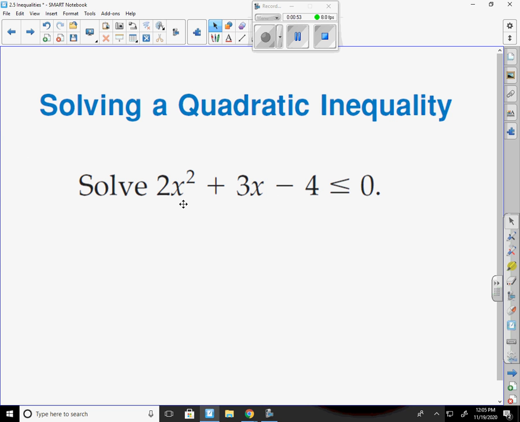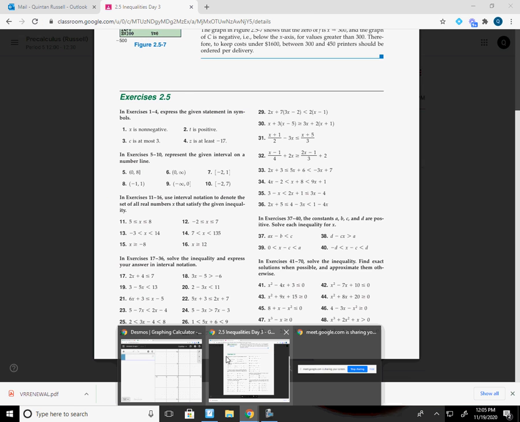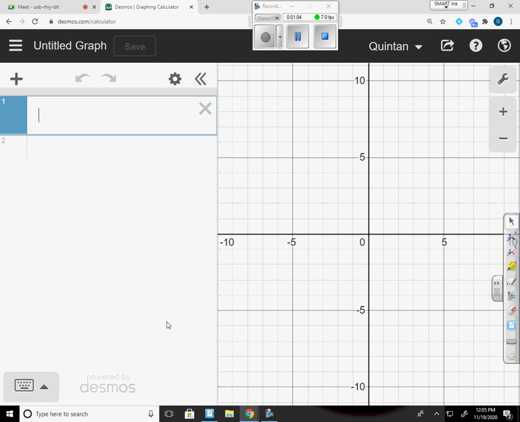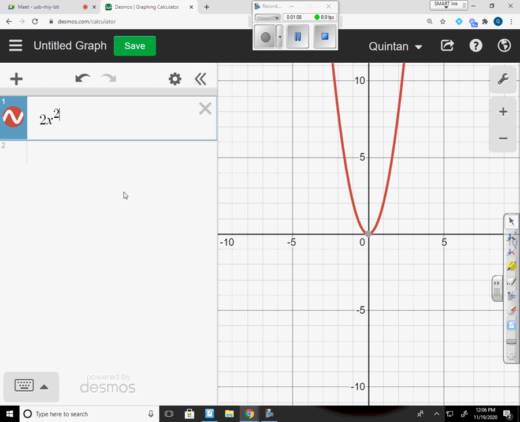We're just going to enter in the first half of the equation. So when we enter that in, x squared plus 3x minus 4.